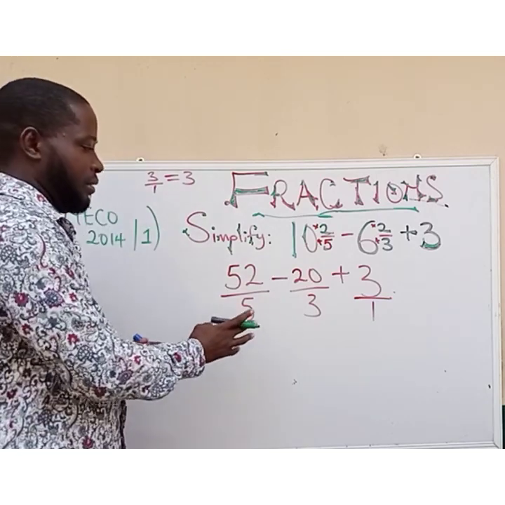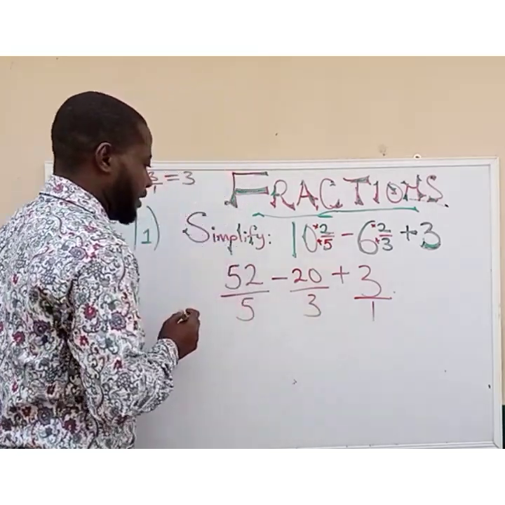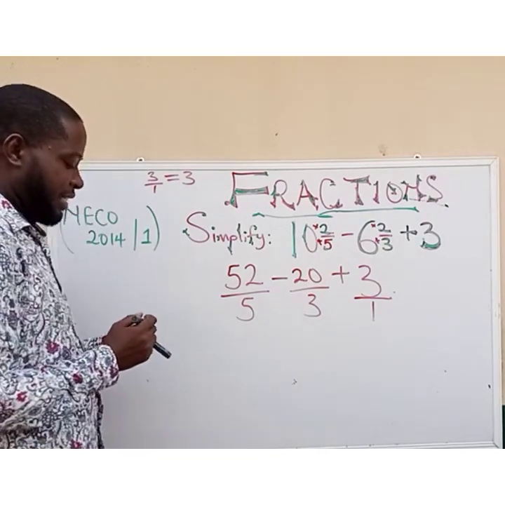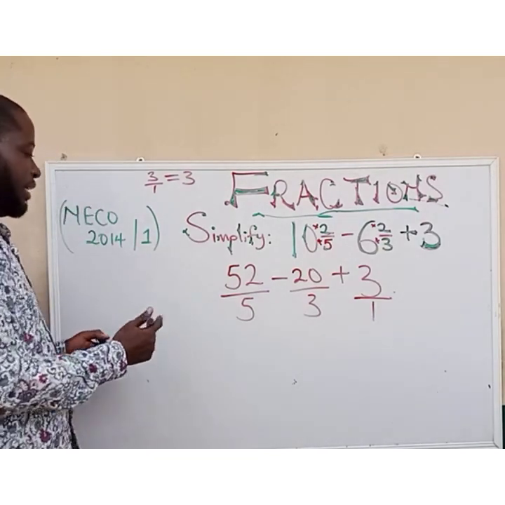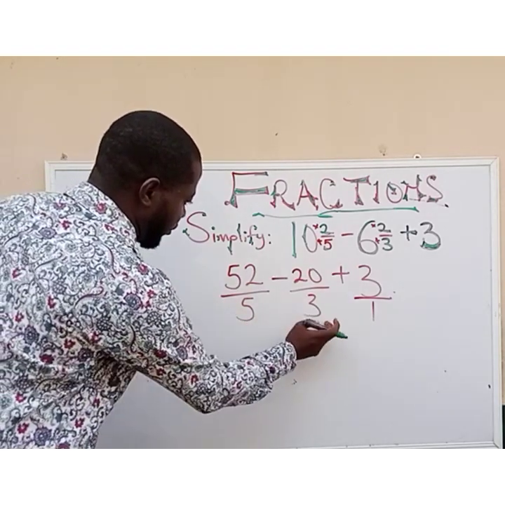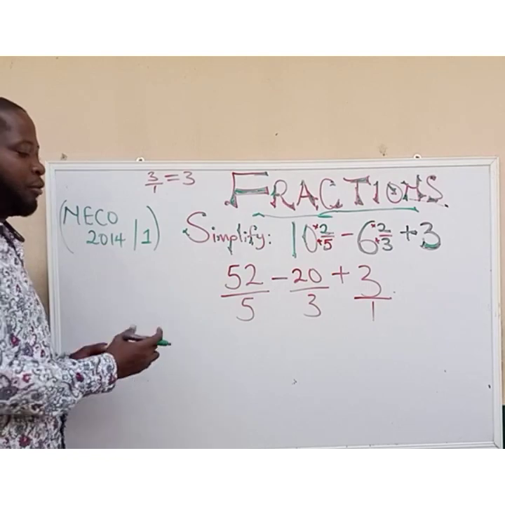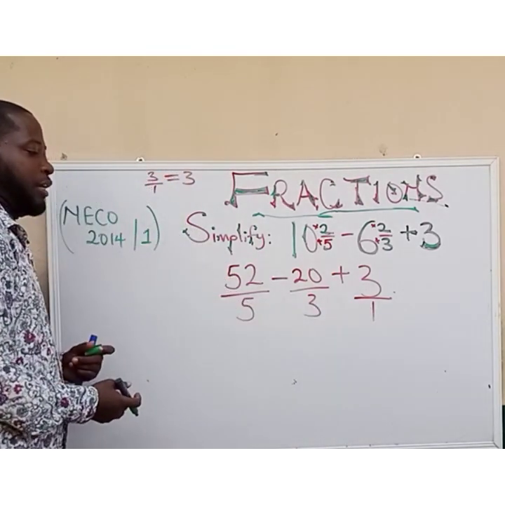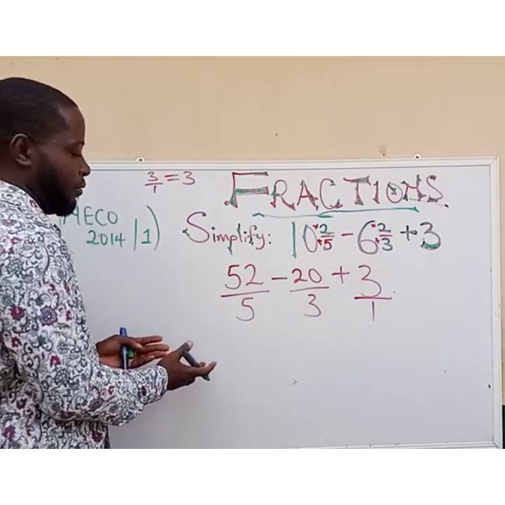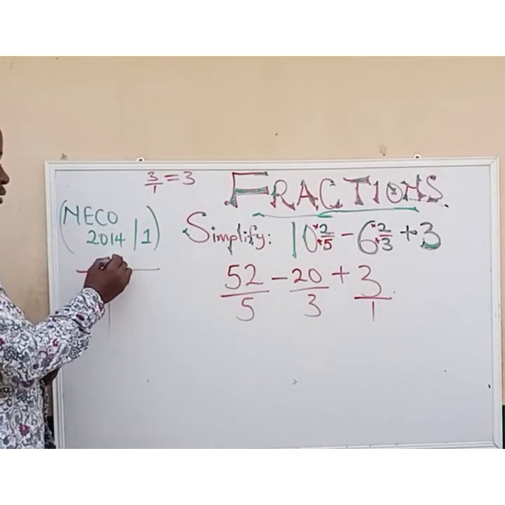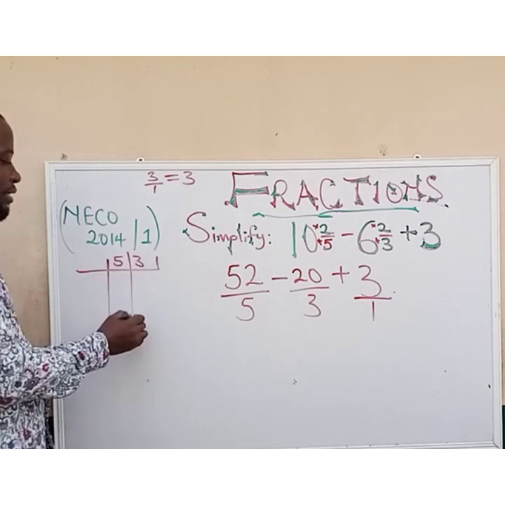So now let's proceed. After changing the mixed fractions to improper fractions, the next thing to do is to find the LCM of the denominators. What are the denominators here? We have 5, 3, and 1. We just introduce 1 because we want to find the LCM. So let's quickly do that.